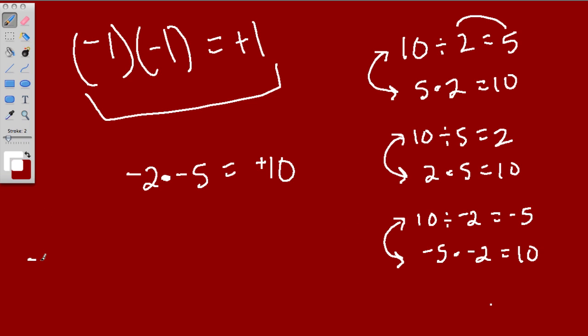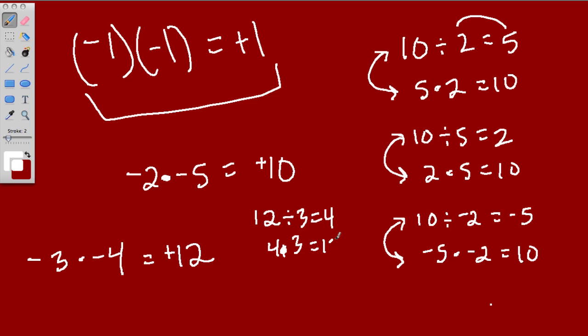If I took negative 3 and multiplied it by negative 4, I would get positive 12. And going back to the same idea here, I can quickly say that 12 divided by 3 is 4, since 4 times 3 is 12. So if I took a 12 and I divided it by negative 3 instead, we know we should get negative 4.